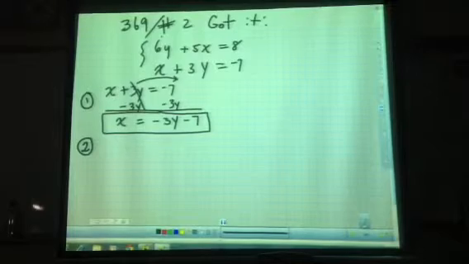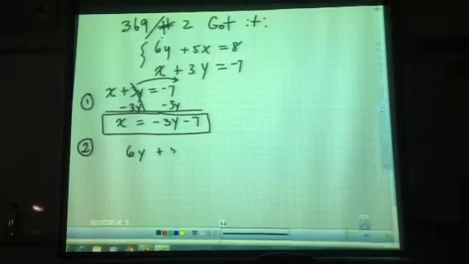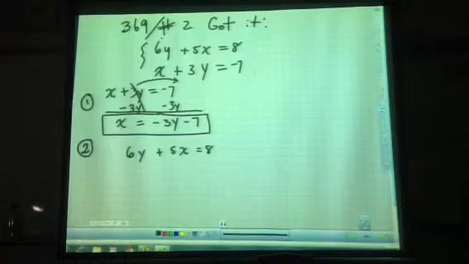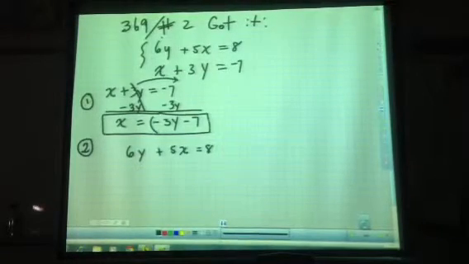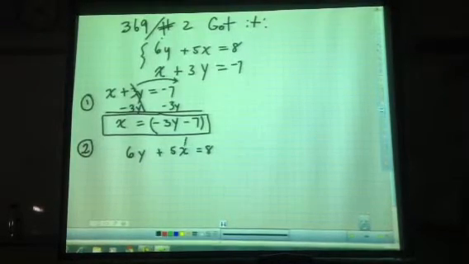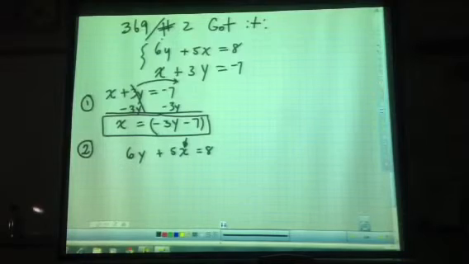In step 2, I write down the other equation that I did not use, and that was 6y plus 5x equals 8. Since x equals this junk right here, I substitute -3y minus 7 right there, where x is.